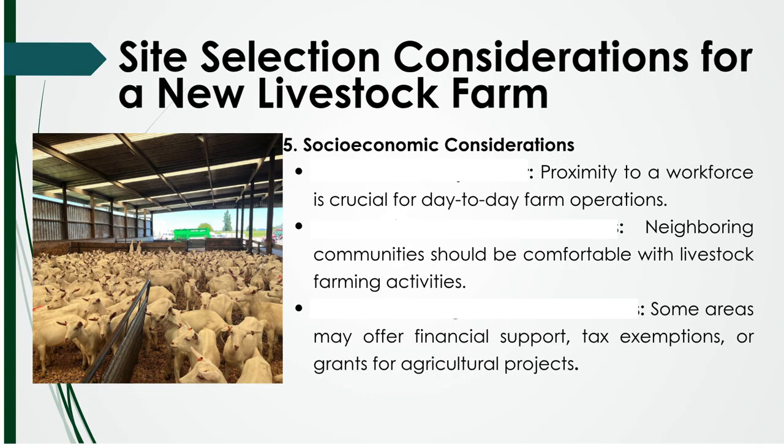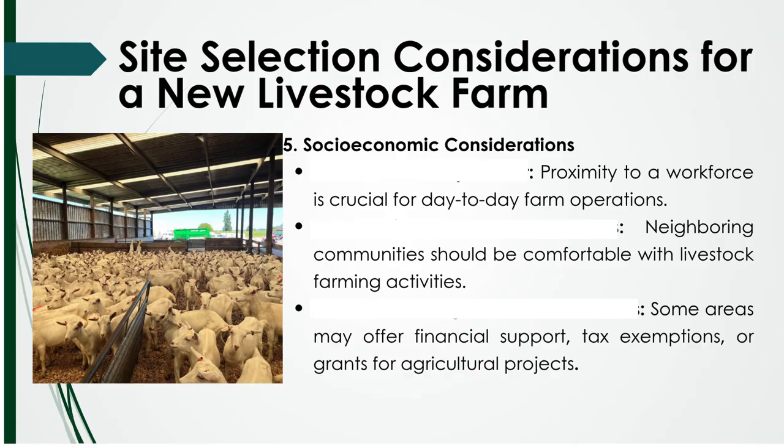Okay, next, socio-economic consideration. If we want to build a farm, we also have to look into the socio-economic considerations, for example labor availability and cost. Proximity to a workforce is crucial for day-to-day farm operation. For example, you build a farm in Grik, Tasik Banding, but the nearest labor availability in the jelly or the Grik town takes almost 1 hour.